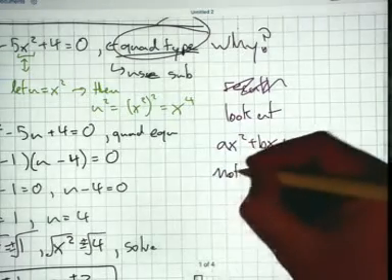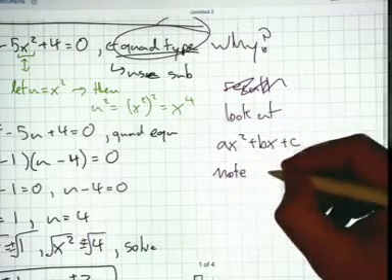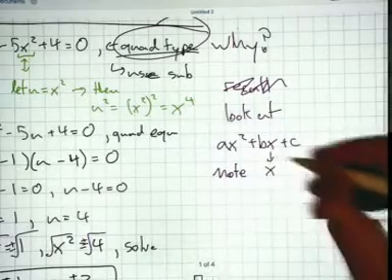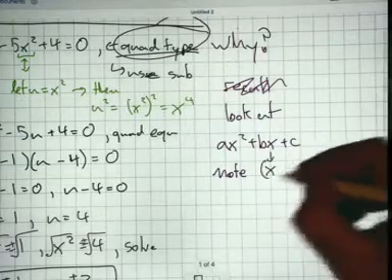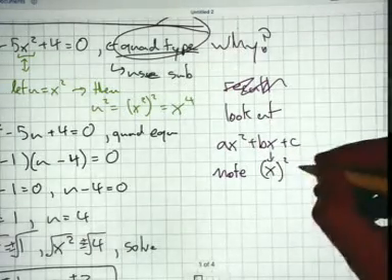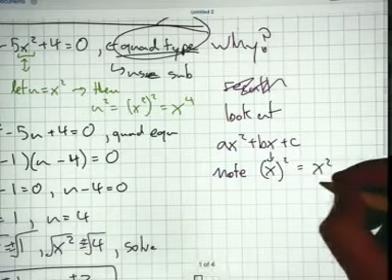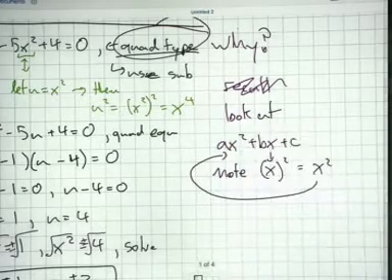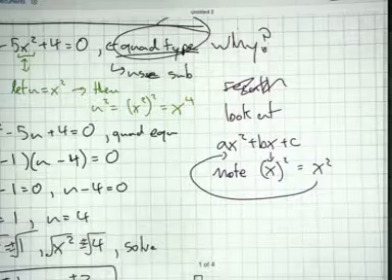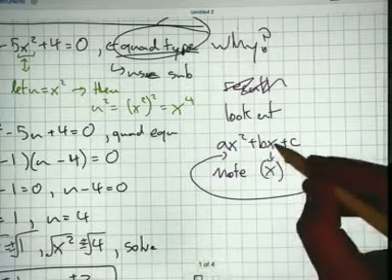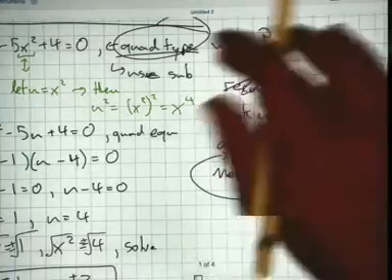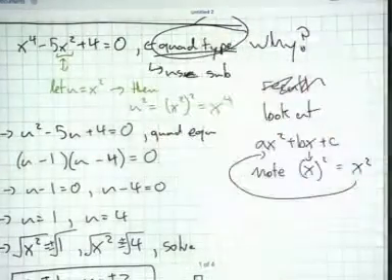And I want us to note the following: x right there, if I square it, I get x squared. Okay, alright, I see that, Mr. Clopton. Yeah, that makes sense. X squared makes x squared. The same pattern still holds for this problem.